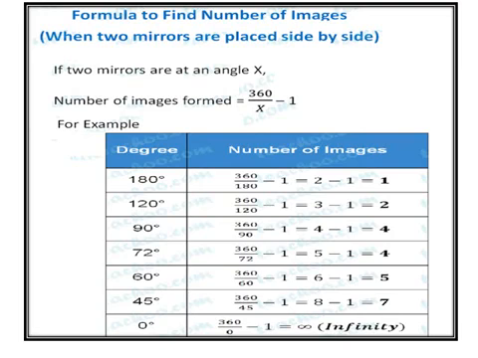Now let us take the first one, 180. Wherever x is there, you substitute 180. So 360 divided by 180 is 2, and 2 minus 1 is equal to 1. So when the mirrors are exactly at 180, that means in a straight line, then we don't get any multiple images.